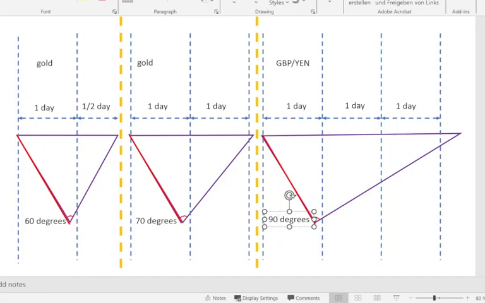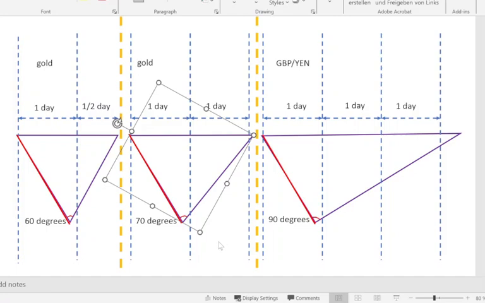I have been regarding a few examples and I noticed that for 90% of the cases for gold, this 70 degrees angle tends to be forming.